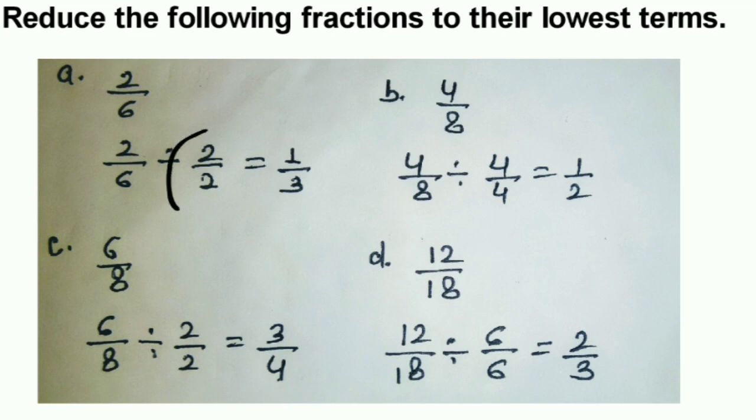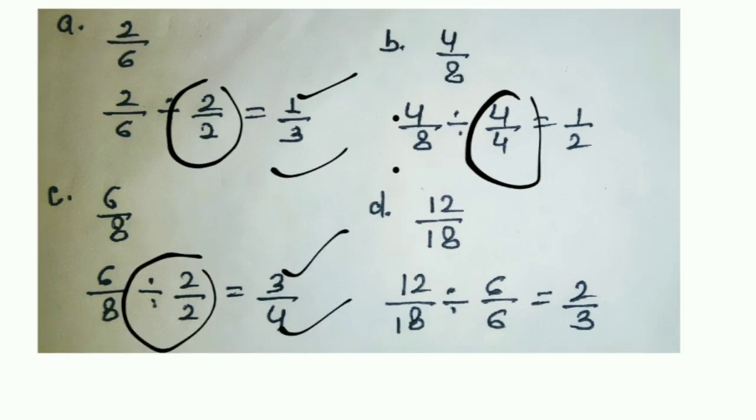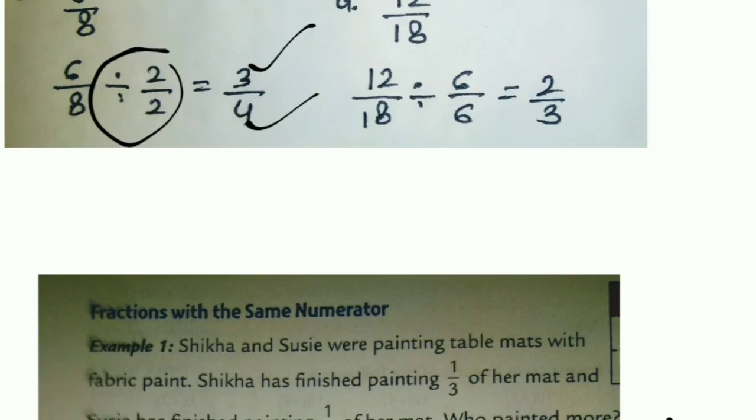So divided by 2, 2 divided by 2 is 1, 6 divided by 2 is 3. 4 upon 8, we know that in this one it can go by 2 table also, but we know that 4 and 8 will go in 4 table. So directly we can do divided by 4. Rest question, do it yourself.